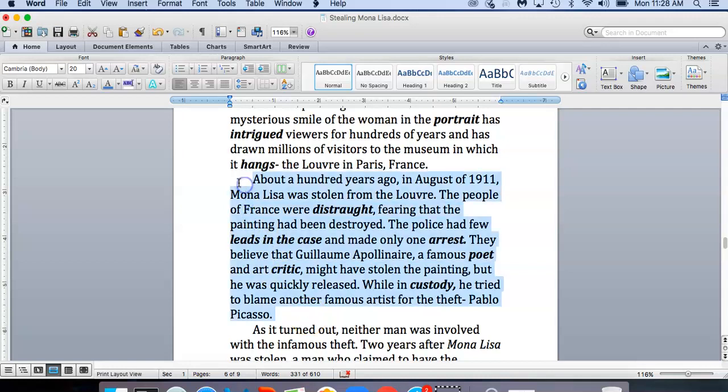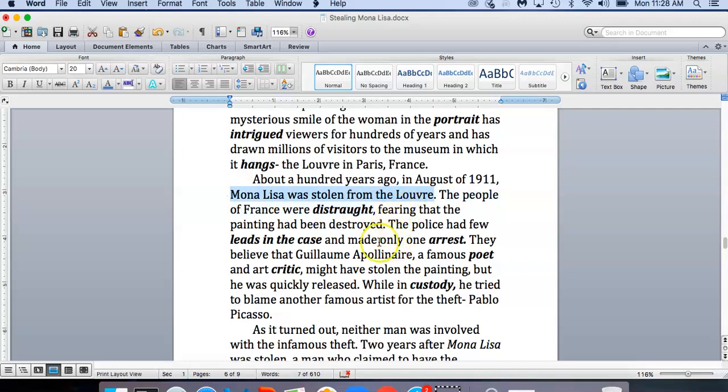Okay, so let's stop here. I'm going to give you guys a couple of minutes to think about what the second paragraph is about. So if you said, what happened to the Mona Lisa painting? You are correct, because here it says that it was stolen.